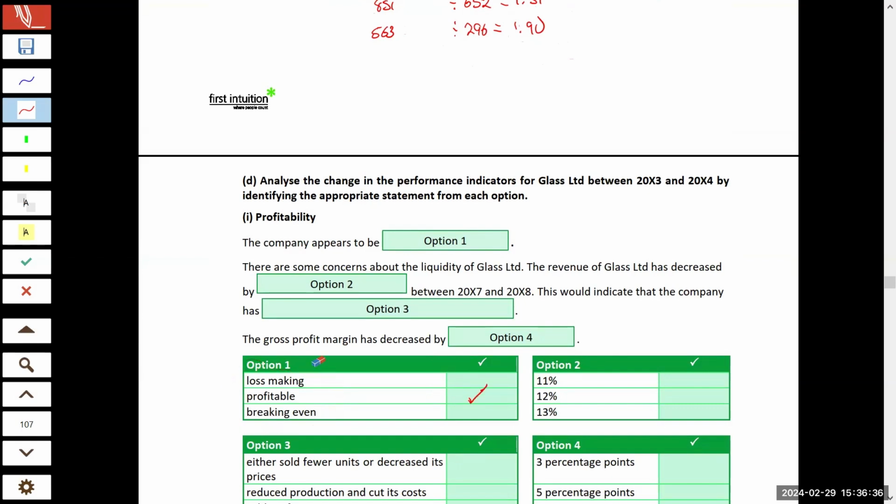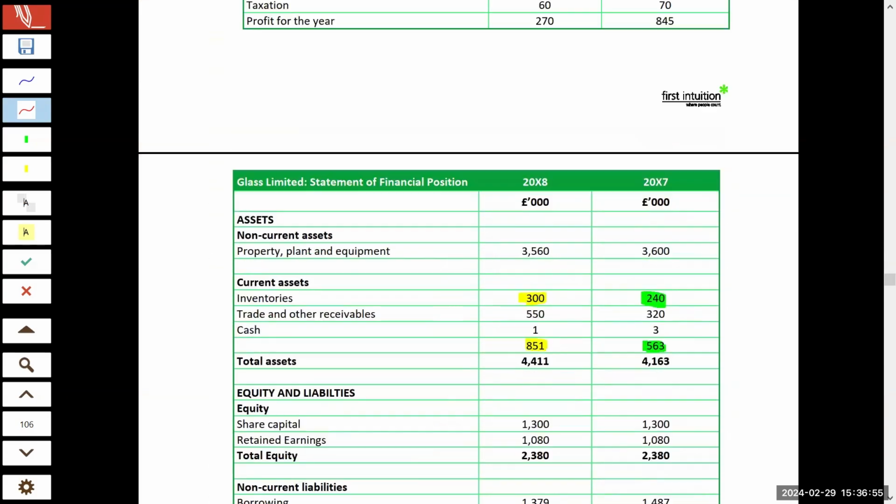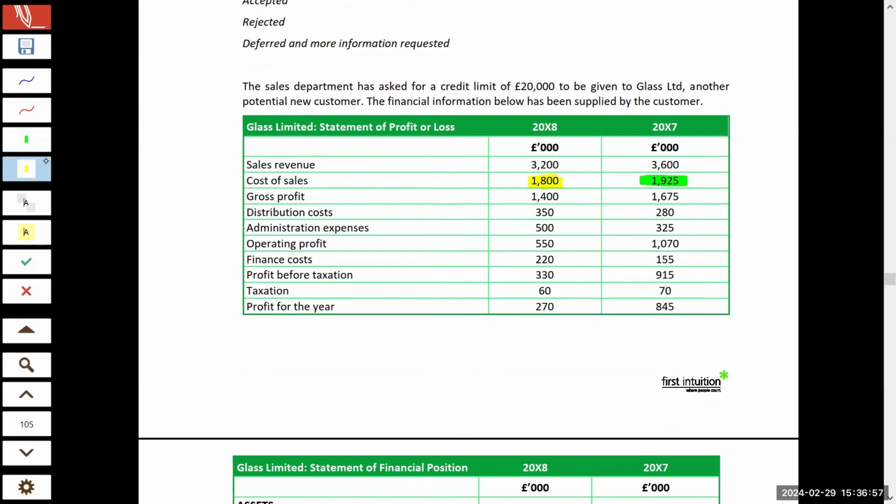We're then told that there are some concerns about the liquidity of glass. The revenue has decreased by what? 11%, 12%, 13%. Questions like this are just really, really nice and easy. You're just using your noggin, to be completely honest. Just find the revenue figure for each year.